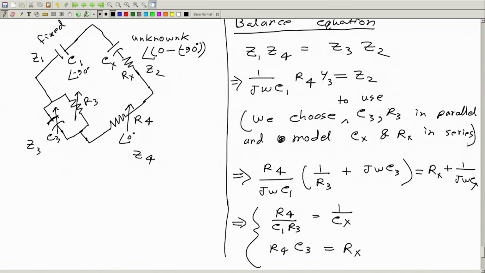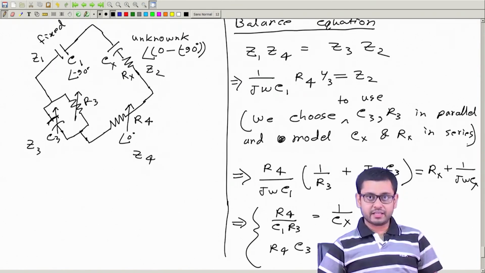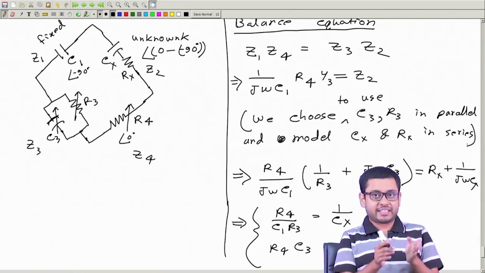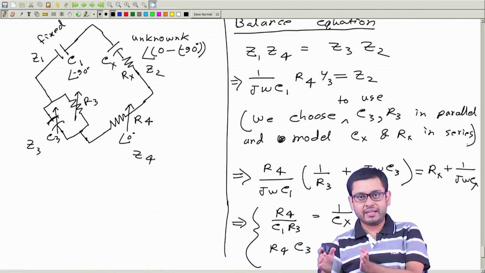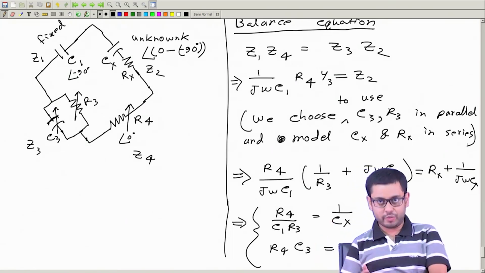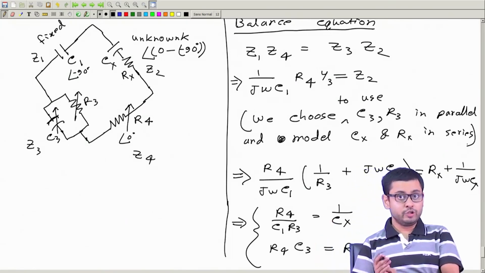Okay. So, the point is, we have initially learned that any Cx Rx series combination can be modeled as an equivalent Cx Rx parallel combination. Why did we do that?